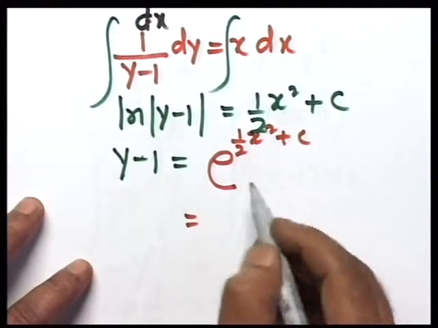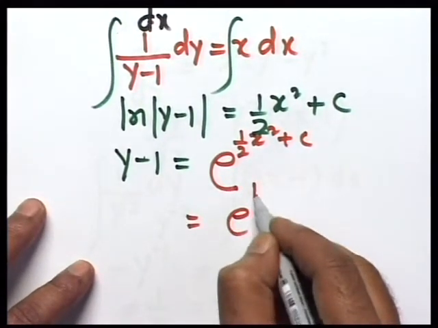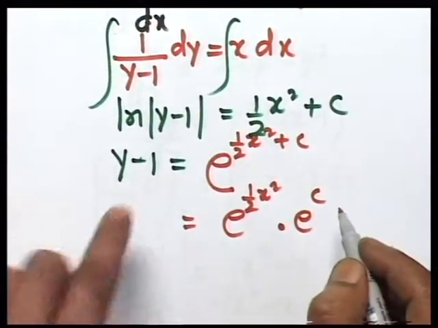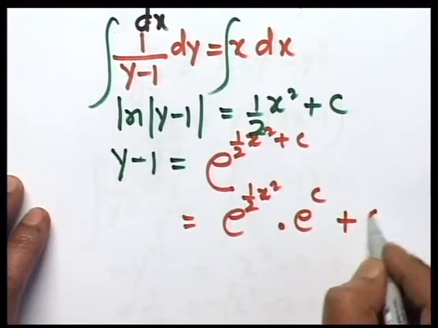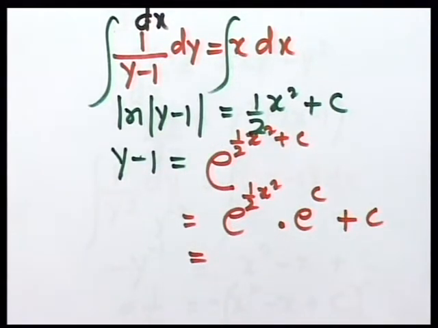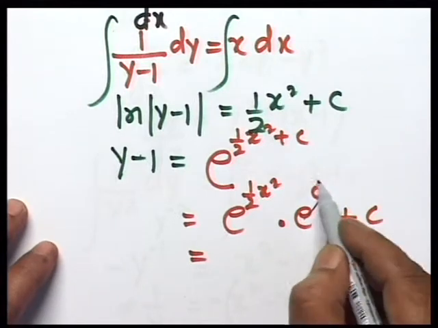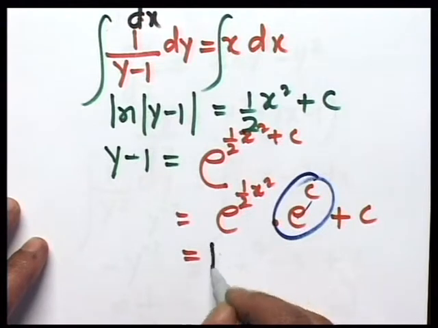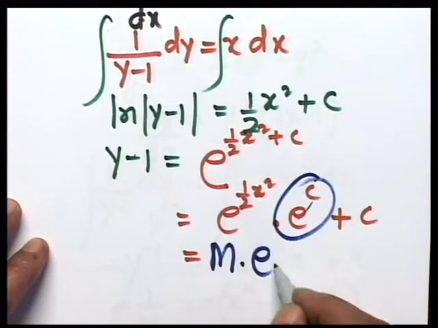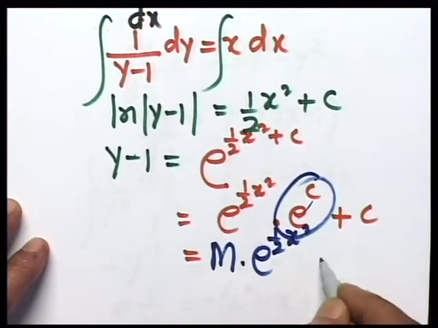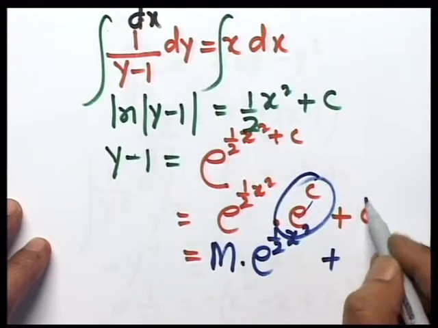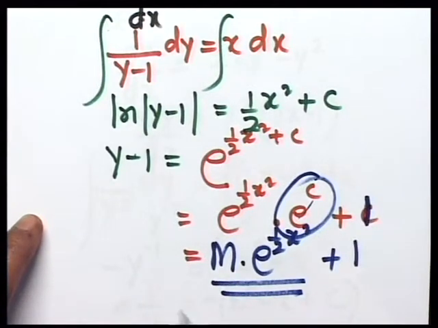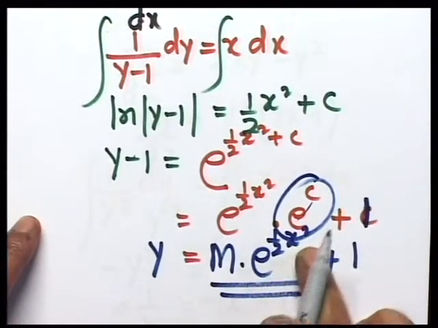And use the exponent laws there and say e to the half x square multiplied by e to the c. And then move the minus 1, it will be a plus 1. So the new fixed value, e to the c, name it, say, use another letter, for example, m times e to the power half x square plus 1. So y equals m e to the half x square plus 1.